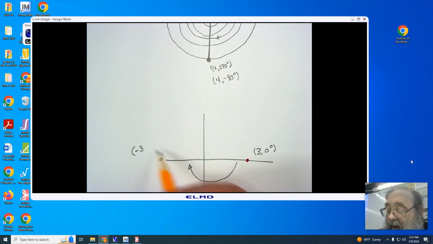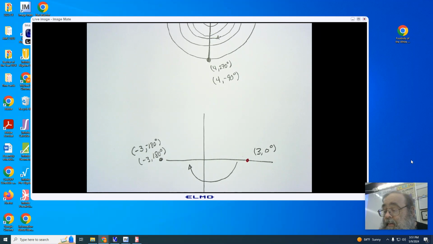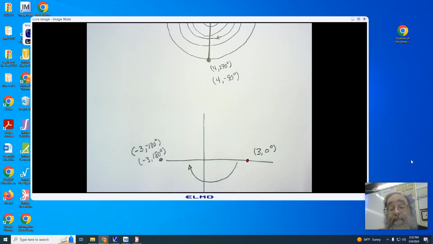Now I can either do pi, let's do 180 degrees negative, or I have negative 3 going 180 degrees. You'll notice I now have my 2 options for getting to this point. It doesn't matter whether I go clockwise or counterclockwise, I'm going to the same place. And this one has only 3 representations.